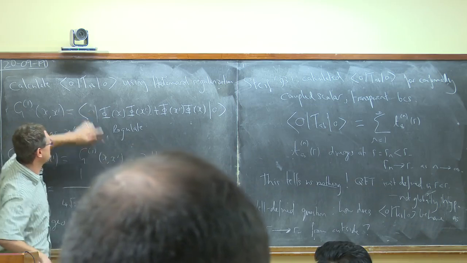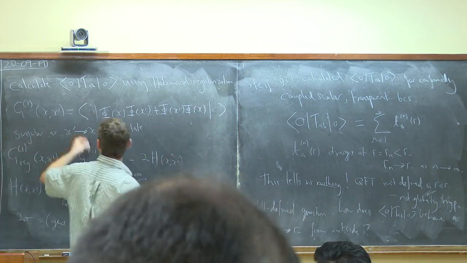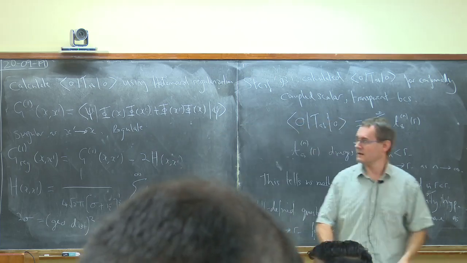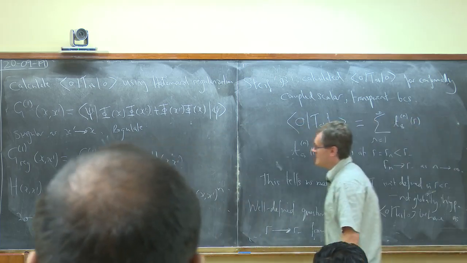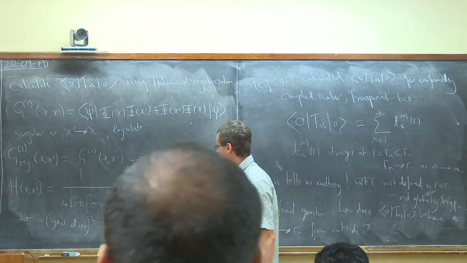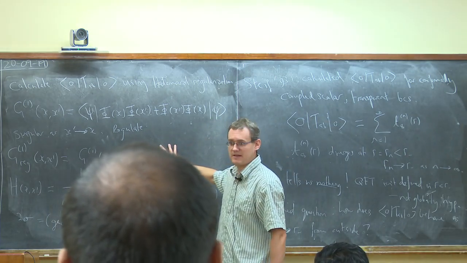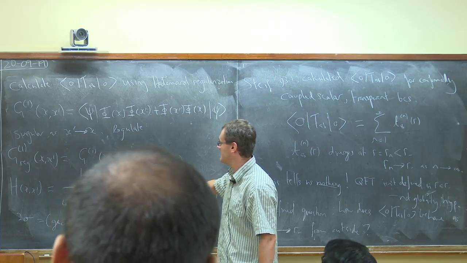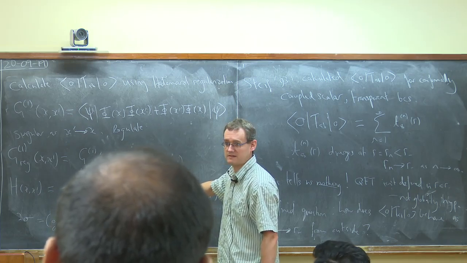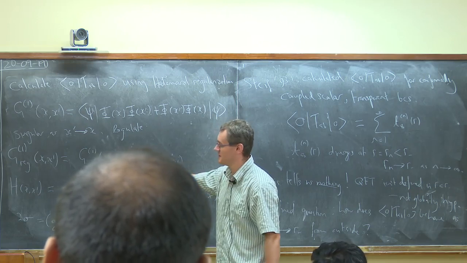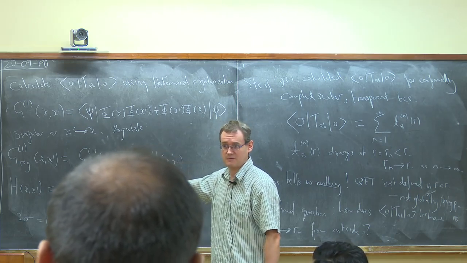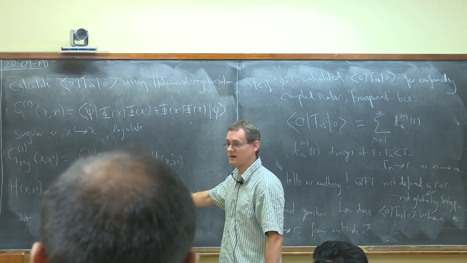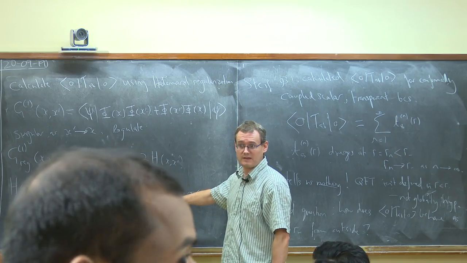In fact, I've written this for Hartle-Hawking, but this is actually true for a general state psi. So the idea is this is some state-independent thing, which has the same structure as the two-point function of Minkowski space-time. So this thing in particular has to solve the equation of motion with respect to both x and x prime, because the two-point function does. So you determine these coefficients by solving that equation of motion.